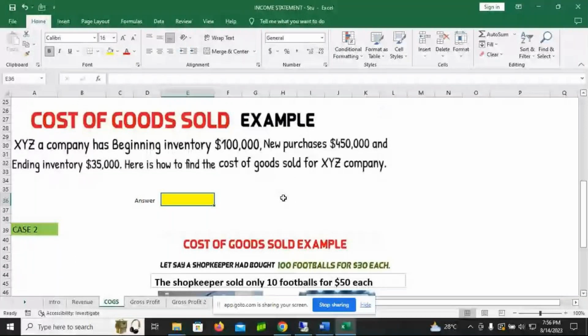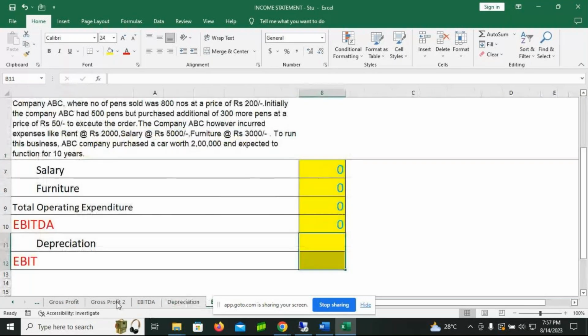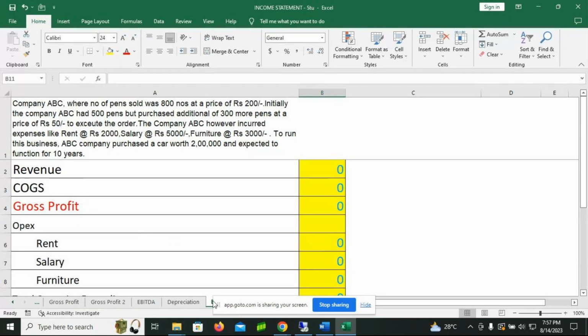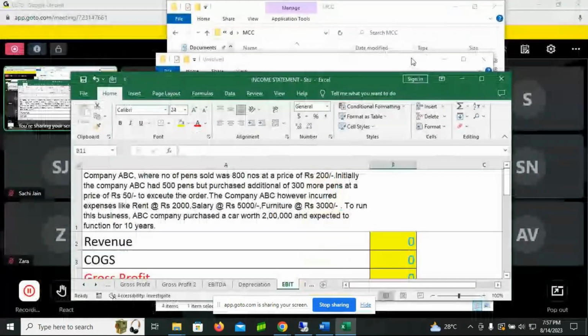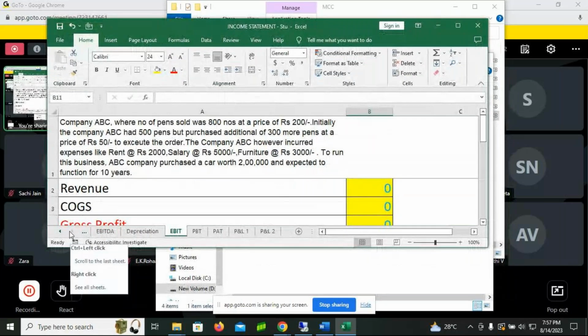Okay, I will wind up the session for today. I wanted you people to try the other things, till this, and next the depreciation. So EBIT. Try solving till PAT.